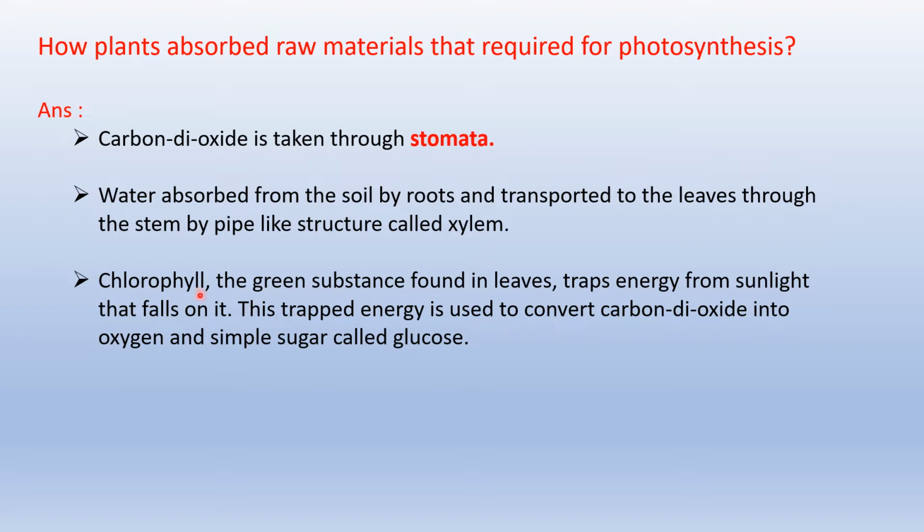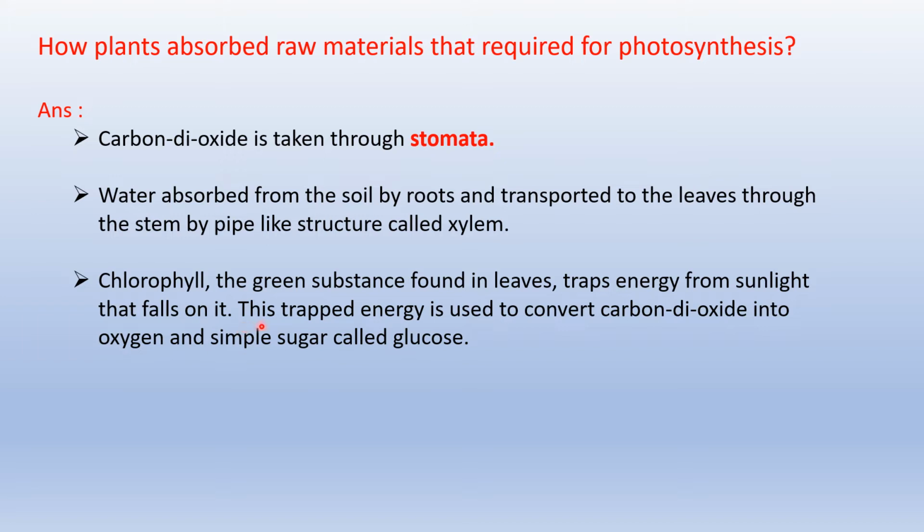Then chlorophyll. We know that chlorophyll is the green substance found in leaves, and it traps the energy from the sunlight that falls on it. So for photosynthesis sunlight is also necessary. How is the sunlight absorbed? Chlorophyll, the green pigment present in the leaves, absorbs the sunlight.